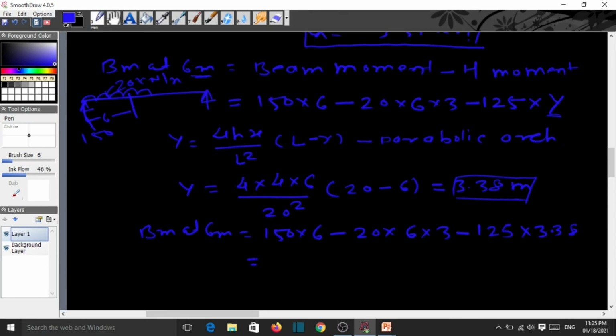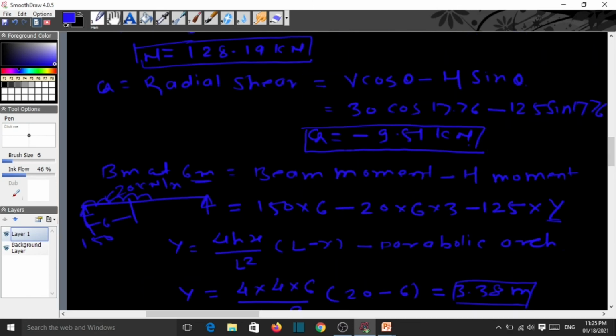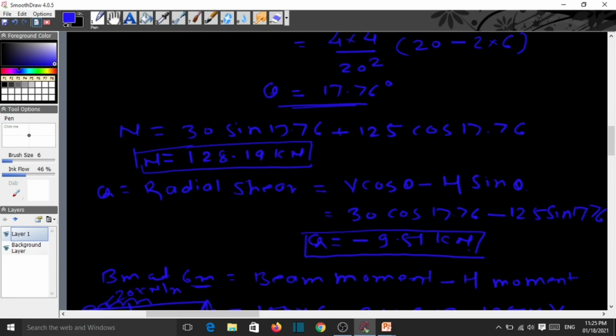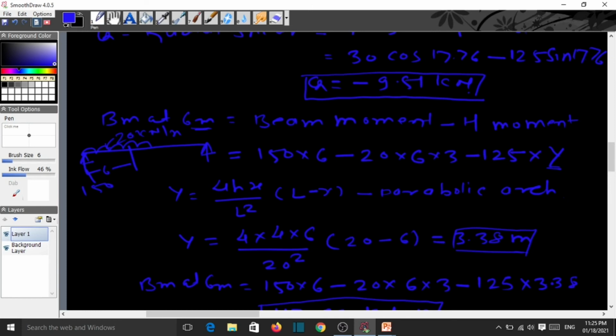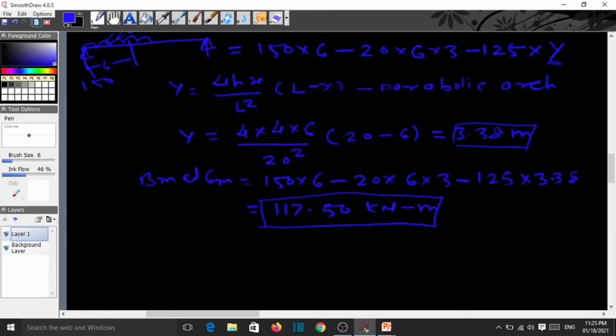So this is equal to 117.50 kN·m. So here we got the value of the bending moment. So this is what was asked in our problem, that is bending moment at 6 meter, then radial shear at 6 meter, and the normal thrust at 6 meter. So this is the complete problem.